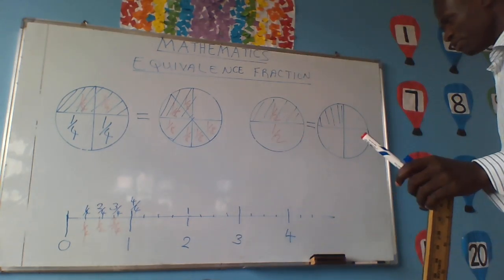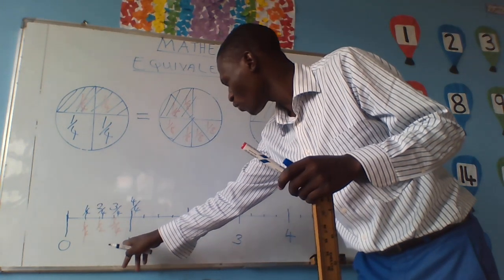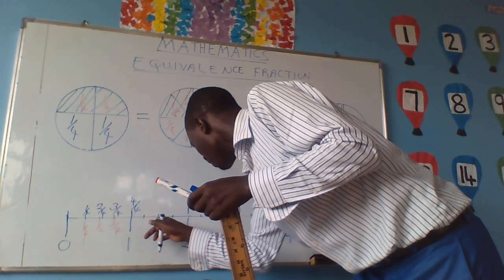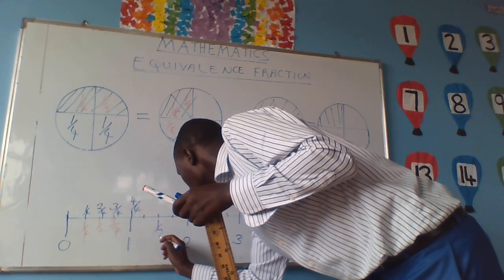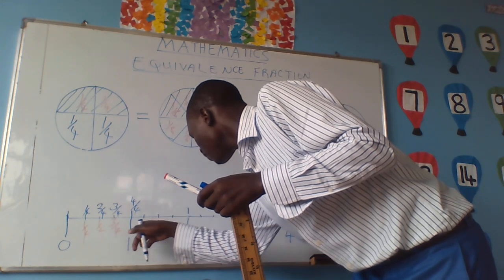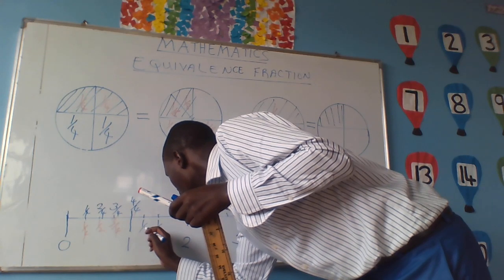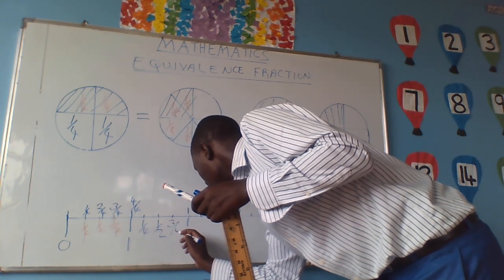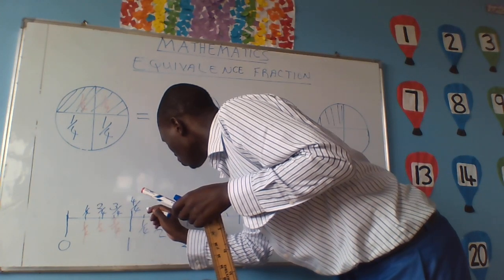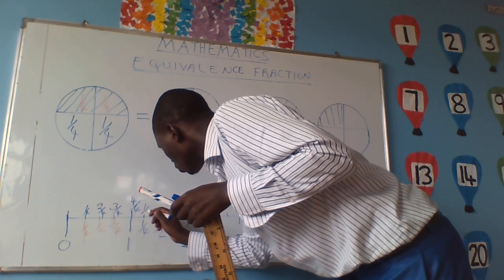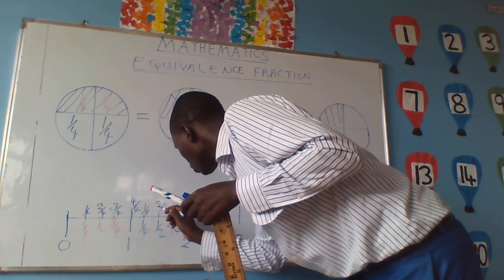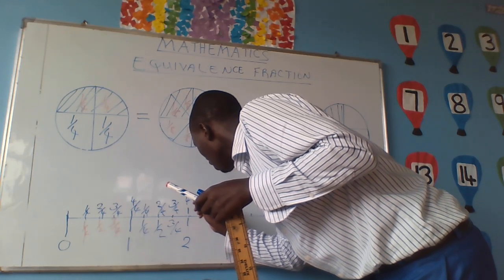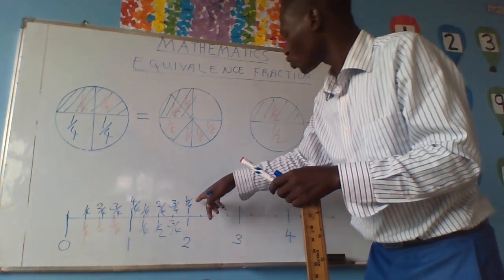When we proceed, here now we have 1. Then we proceed to this. This is a half of them, so it will be 1 out of 2. This is a half of a half, so it will be 1 out of 4. This one will be 3/4. The same: 1 out of 4, 2 out of 4, 3 out of 4, and 4 out of 4, which is equal to 1.